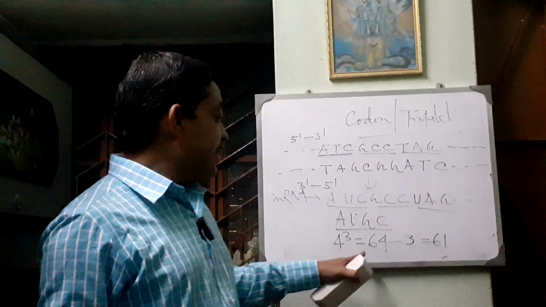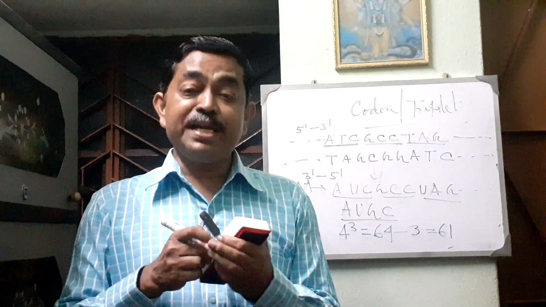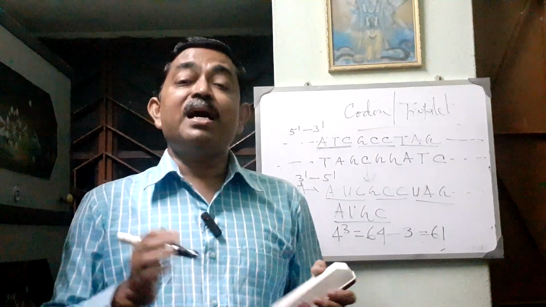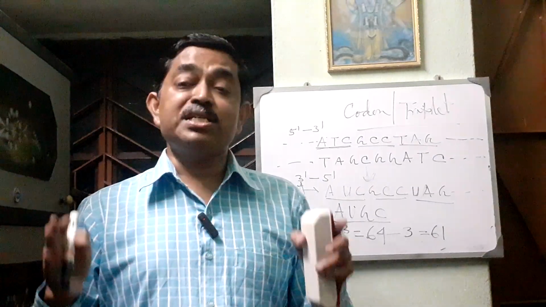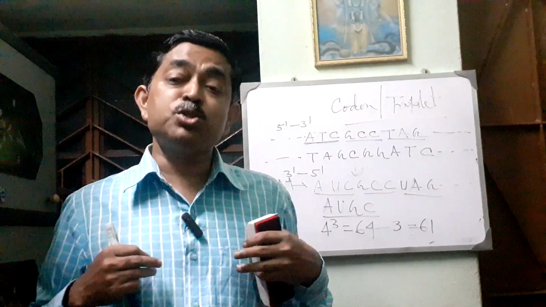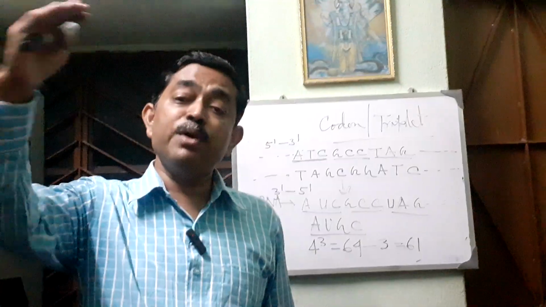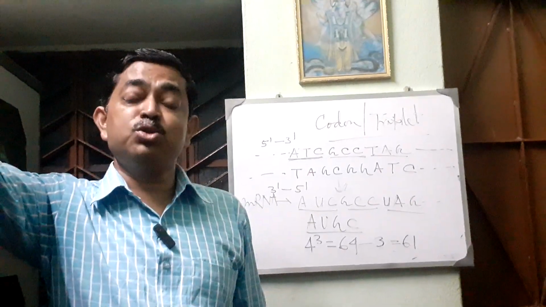In nature we know that 20 amino acids are present. Among them, 10 are essential amino acids. Essential amino acids are those which cannot be synthesized by our body. We have to acquire them from an outer source, a food source.